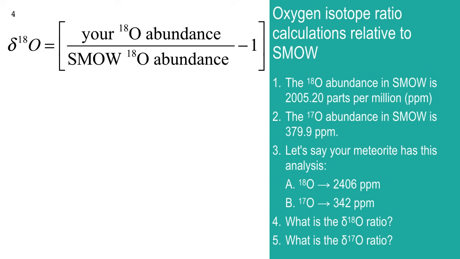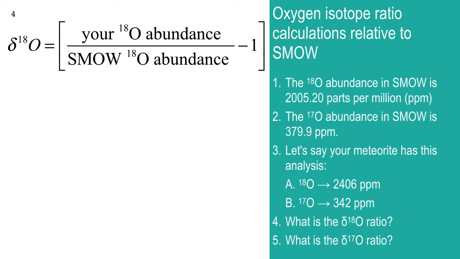D for delta, D for difference. What we're doing is a numeric comparison with standard mean ocean water of Earth. Now, if we were doing delta 13 carbon, we would do something other than SMOW.